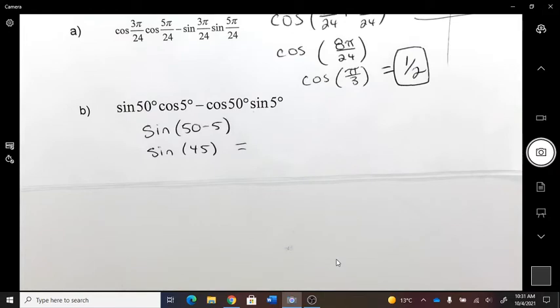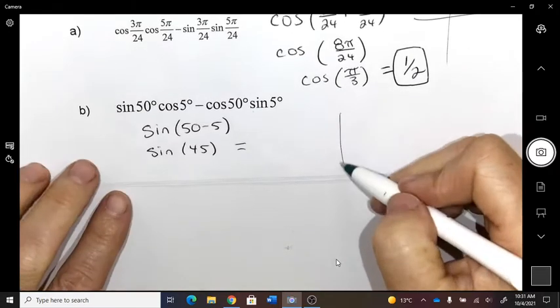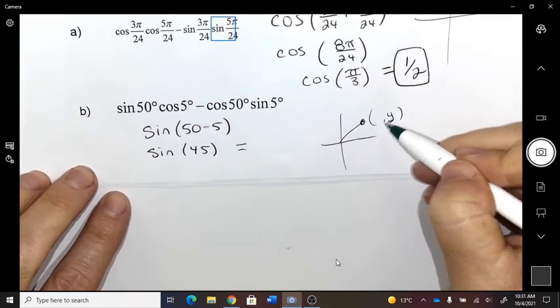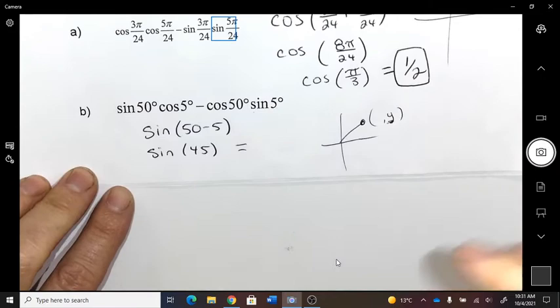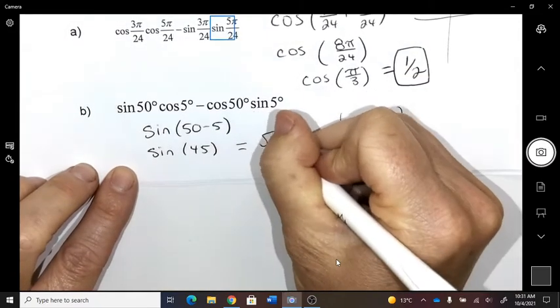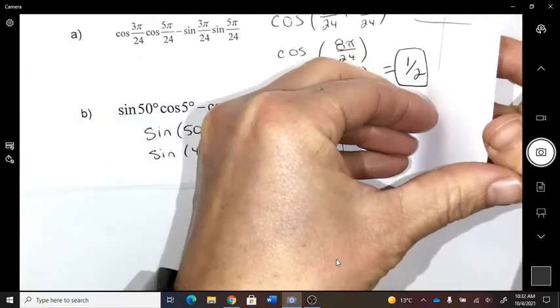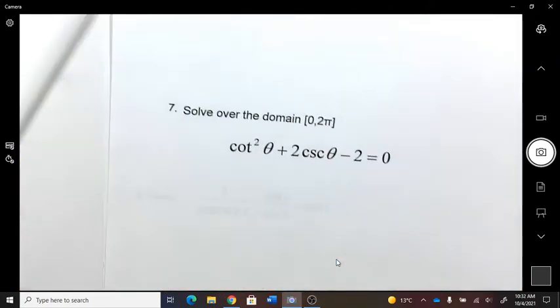Okay, now it's back to that unit circle. Go to 45. And what's the y coordinate? Okay. That's the working backwards, so you'll definitely have one of those on the test.